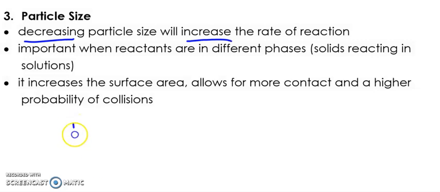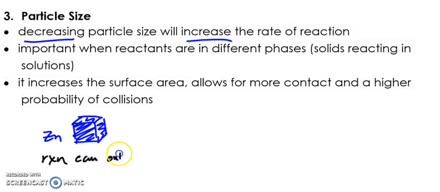So let's say I have one solid chunk of zinc right here. So I've got this solid zinc. The reaction can only happen with the molecules on the outer edges.